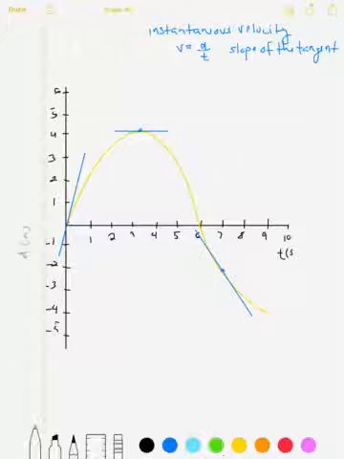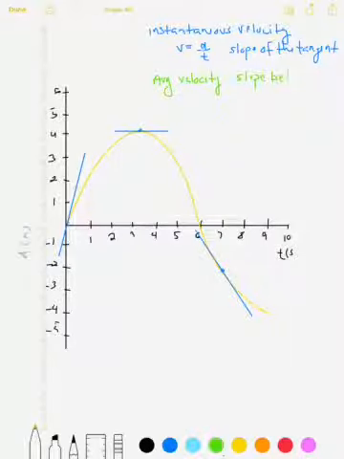Now you can also find the average velocity on a graph like this too. So the average velocity, and that's going to be the slope between 2 points.